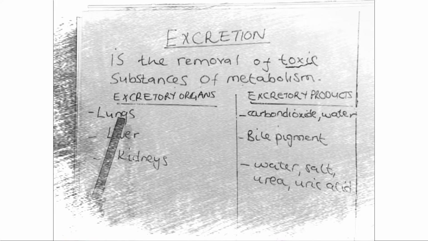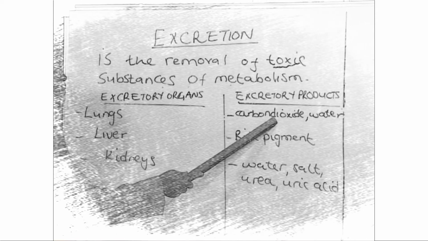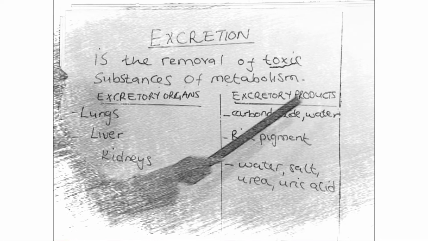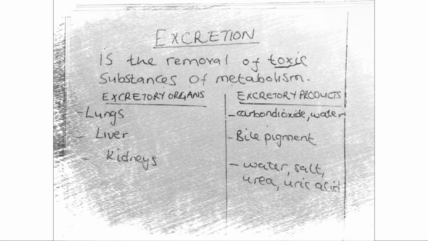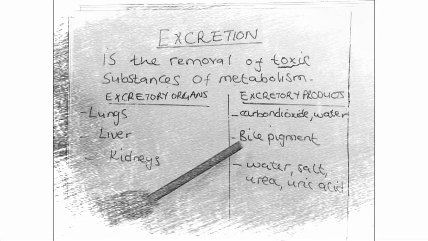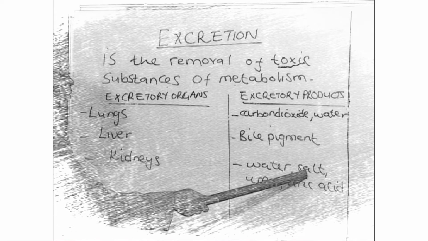So the lungs remove or excrete carbon dioxide. We also have water, which is normally in the form of water vapor. We also have the liver excreting bile pigment. We also have the kidneys excreting water and salt.